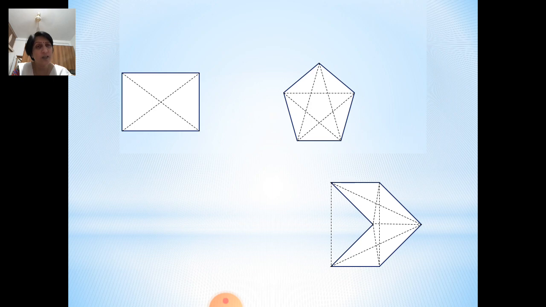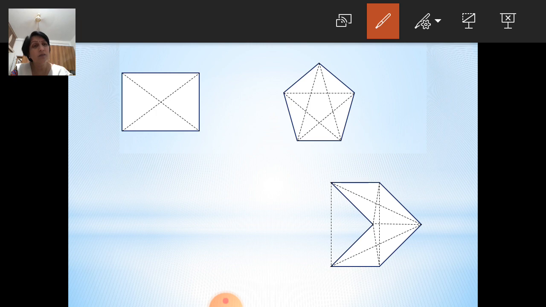In the first figure you can see that both the diagonals are in the interior of the polygon. In the second figure also, all the diagonals are in the interior of the polygon. In the third figure, you can see one of the diagonals, this one, is outside the polygon.